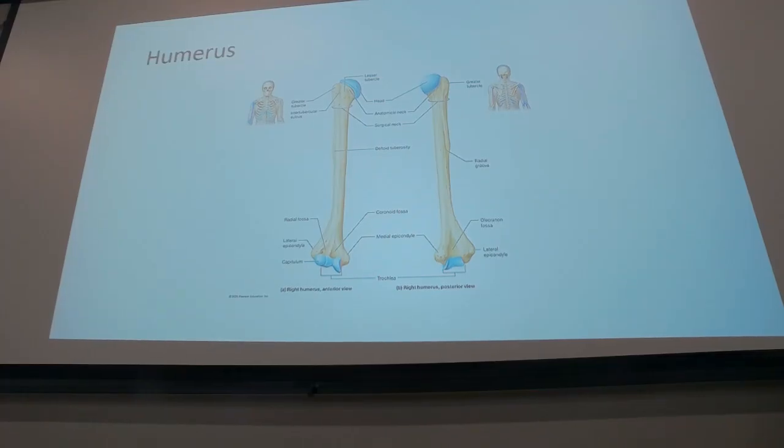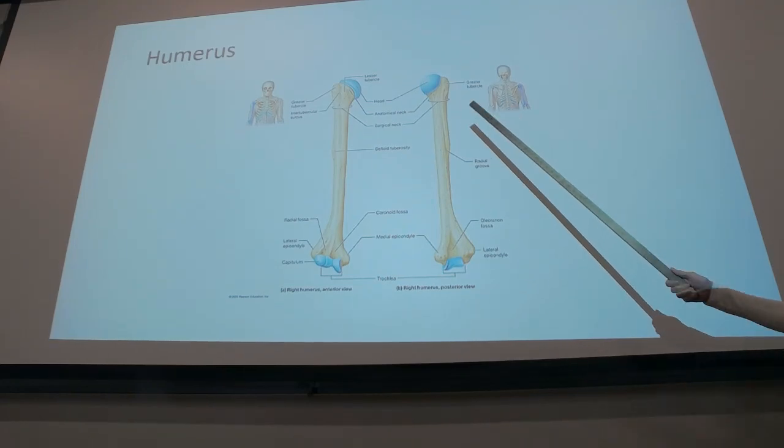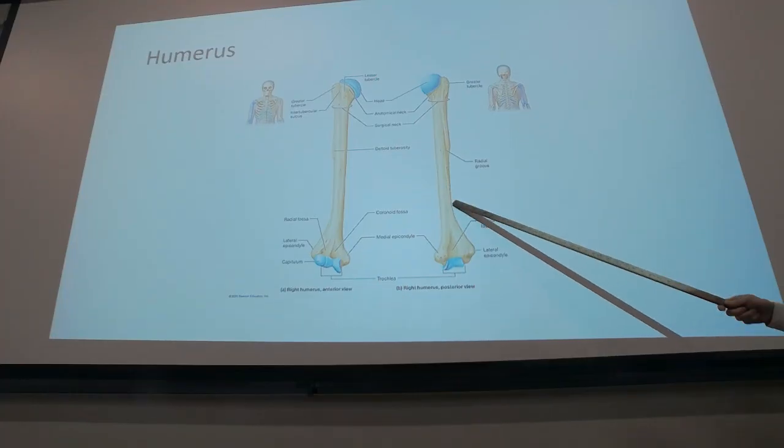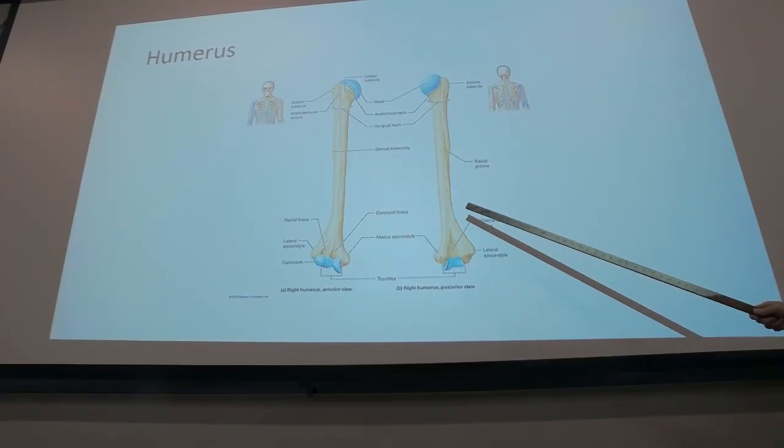When it comes to nerves and major arteries, they tend to run next to the shaft of bones for protection. They are burrowed within the muscles. So then we have here the radial groove, and then, of course, this is the shaft.